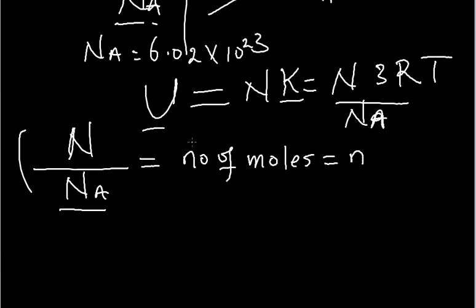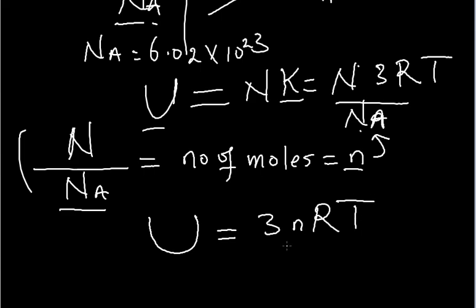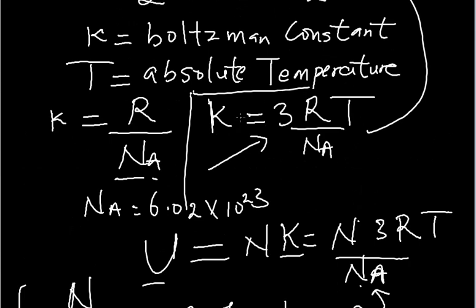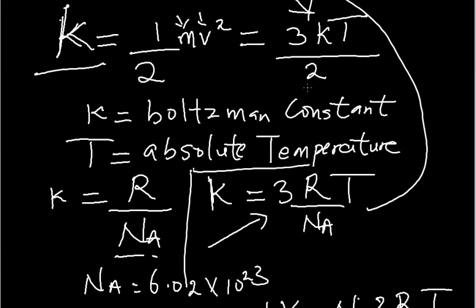So if you are to write the formula for the internal energy of a system, putting this in, n over N is replaced by small n, and we can write it this way: 3nRT. Something is missing, please pardon me. Two is missing.